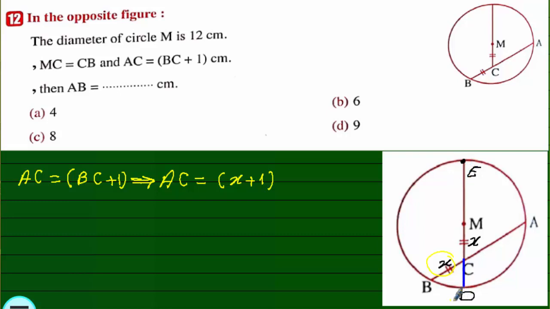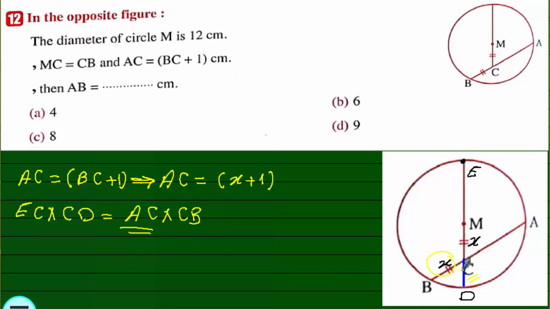So they intersect at the point C here. So you can write this relation: EC multiply CD equals AC multiply CB.